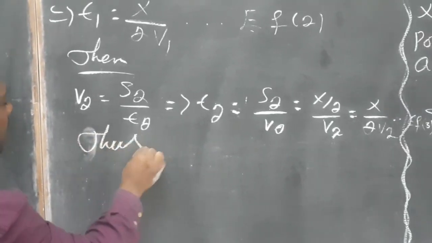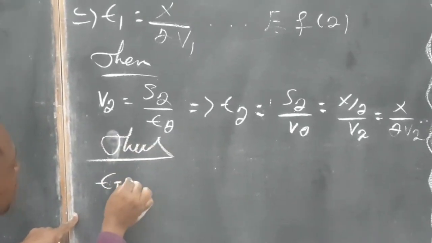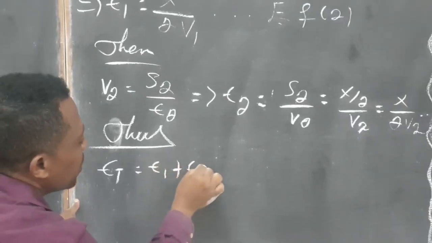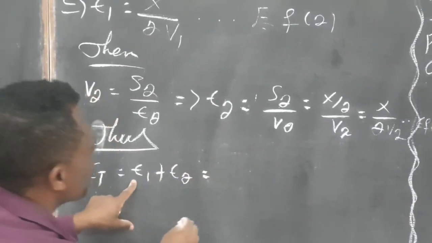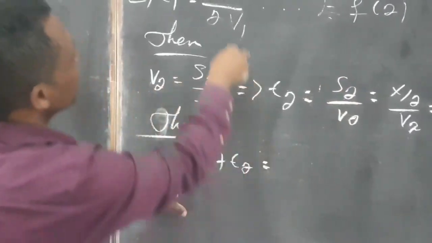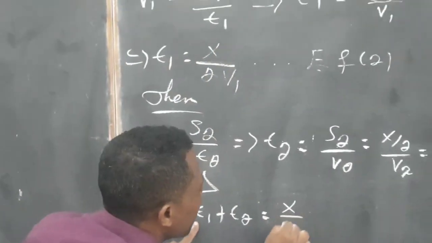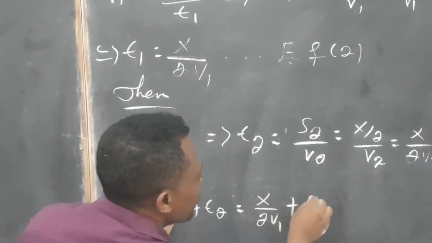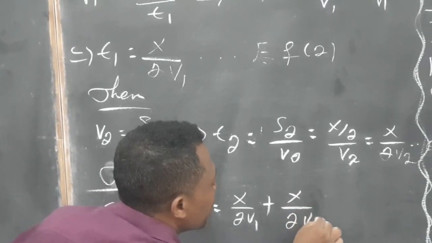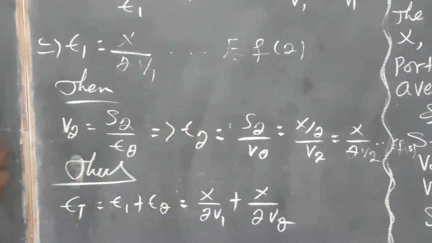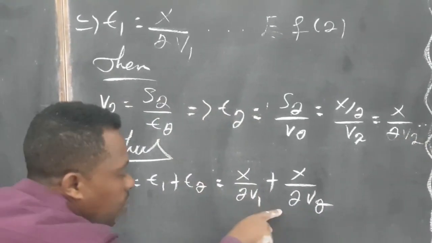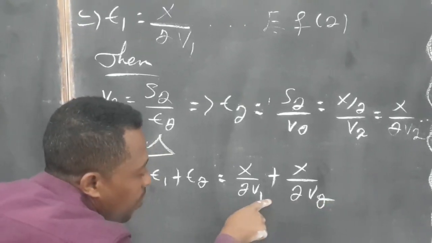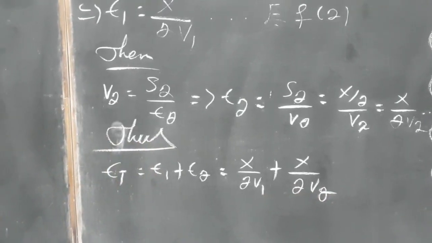Thus, t total is simply t1 plus t2, where t1 is x over twice v1 plus t2 is x over twice v2. Take the least common multiple, which is 4v1v2.